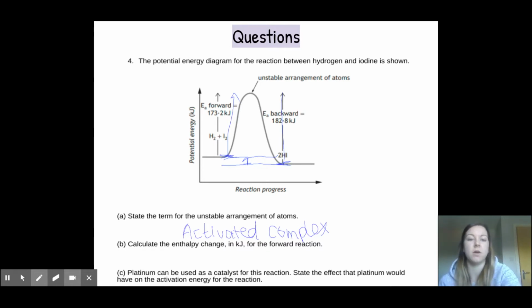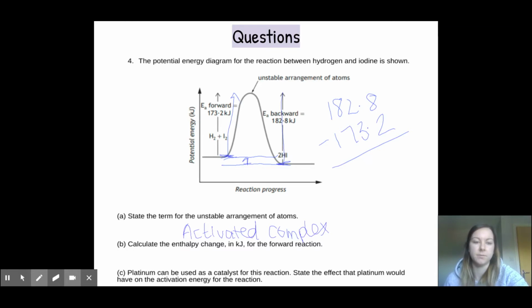So it's going to be 182.8 take away 173.2, and that is going to give us 9.6.